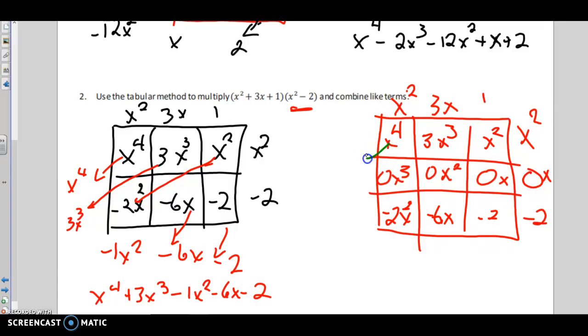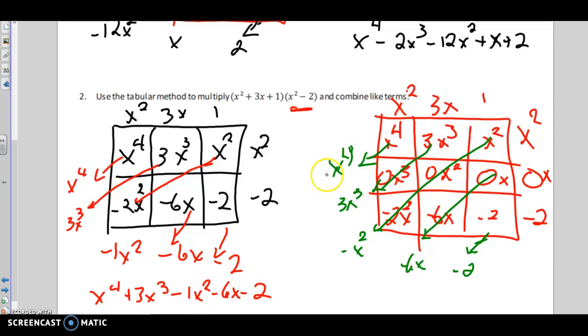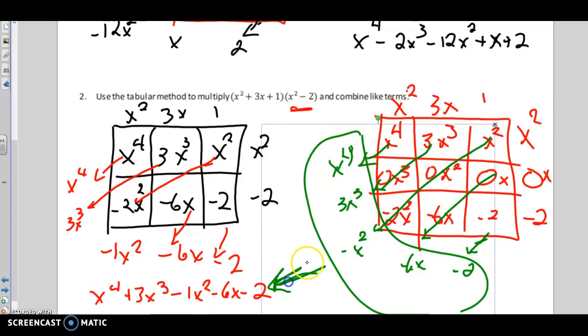And then I can go straight diagonally. So organization-wise, it looks a little better with the 0x, but if you're comfortable doing it without the placeholder, you're going to get the exact same x to the fourth, 3x cubed, negative x squared, negative 6x, negative 2 that we got right there.